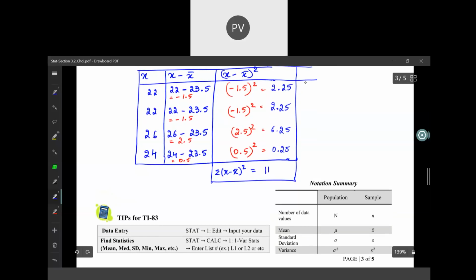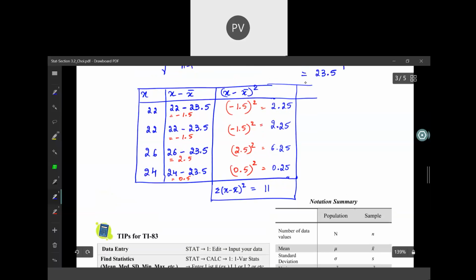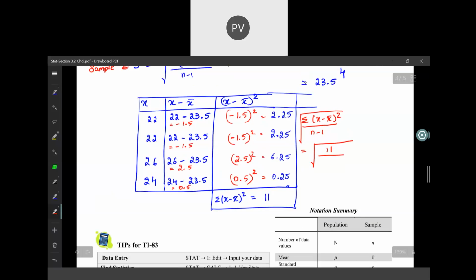11. Okay, now let us go back to our standard deviation formula, that is the square root of summation of x minus x bar the whole square divided by n minus 1, right? So square root of summation of x minus x bar the whole square is 11 divided by n minus 1.